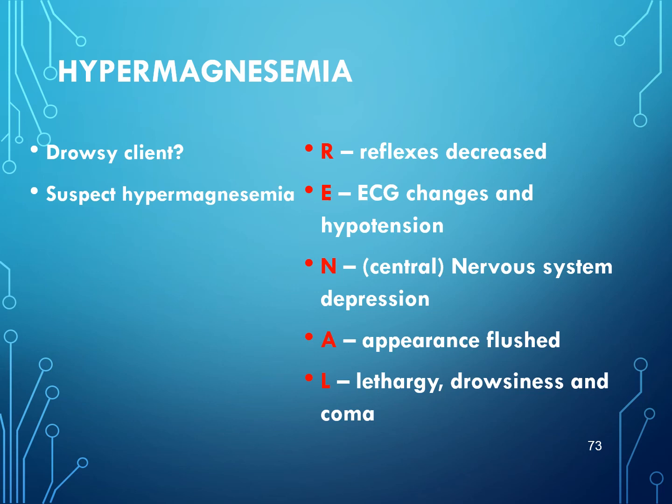We're going to see EKG changes and hypotension with AV, atrioventricular, heart block. We're going to see nervous system depression, specifically central nervous system depression. Appearance is flushed, and lethargy, drowsiness, progressing to coma.